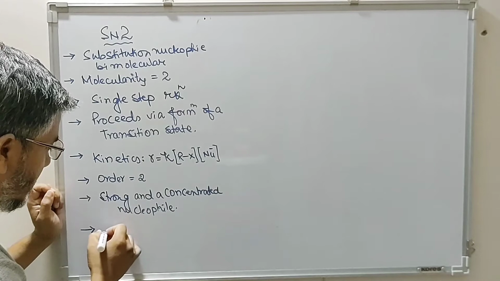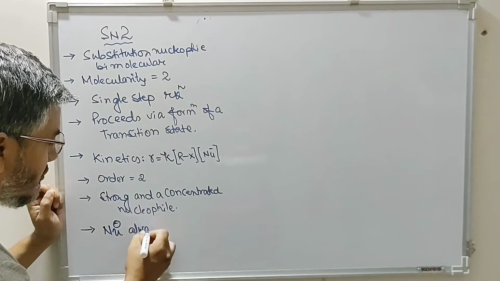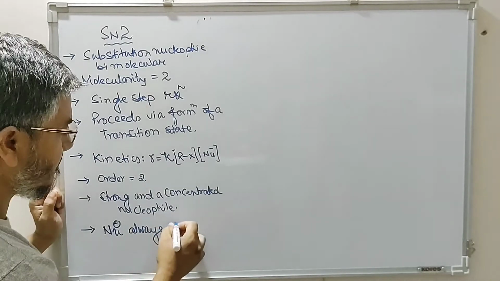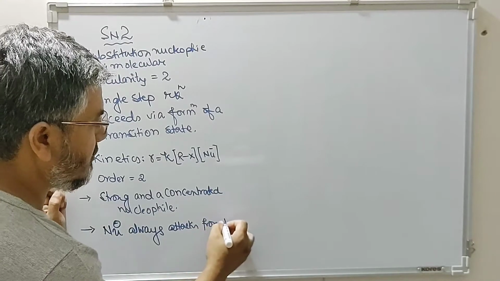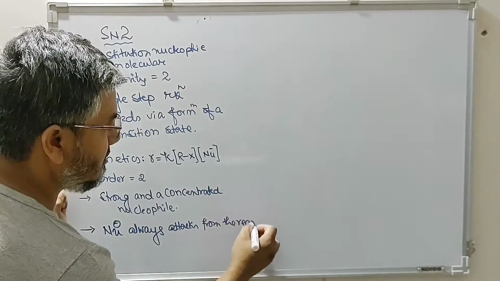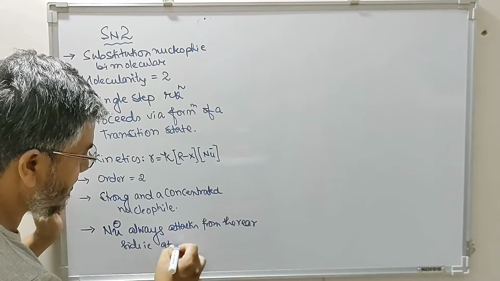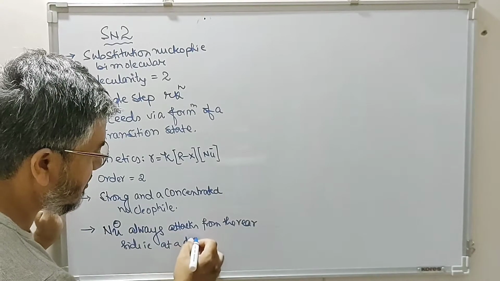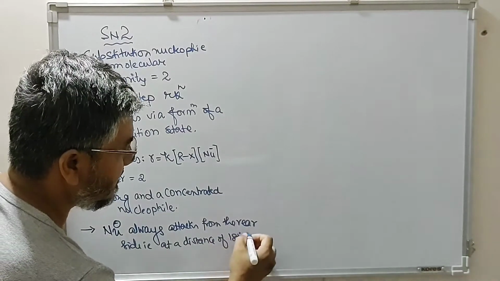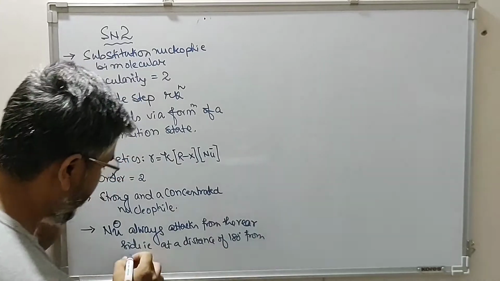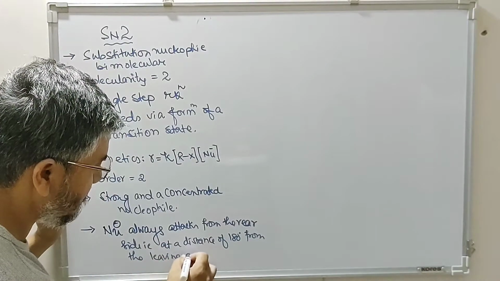So the nucleophile always attacks from the rear side, that is at 180 degrees from the leaving group.